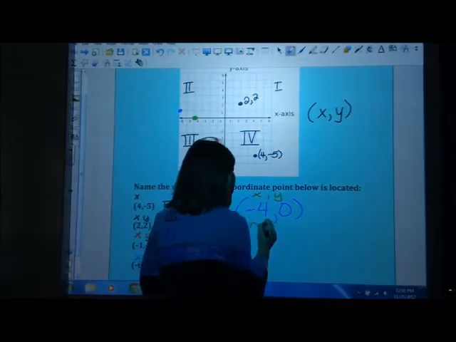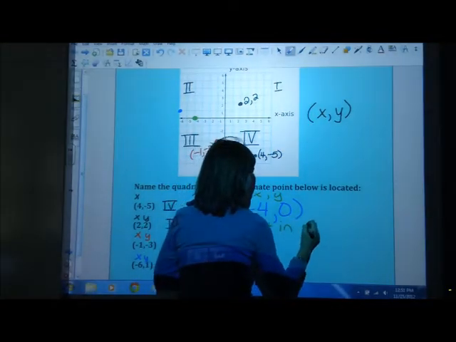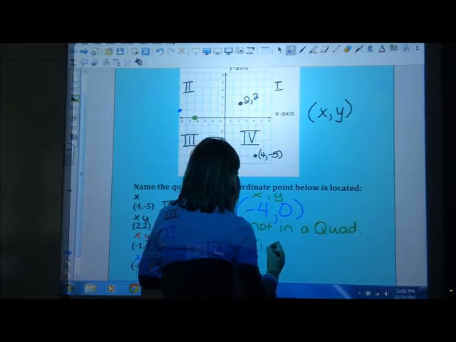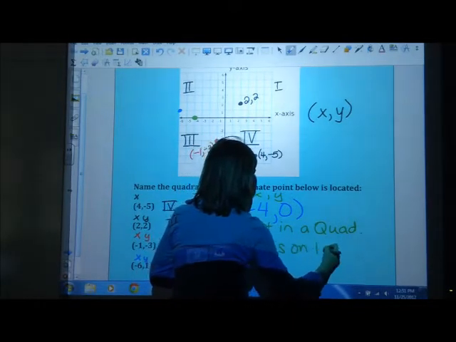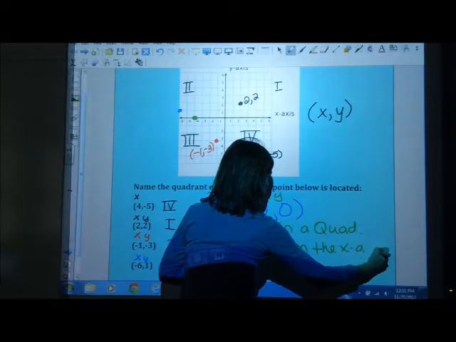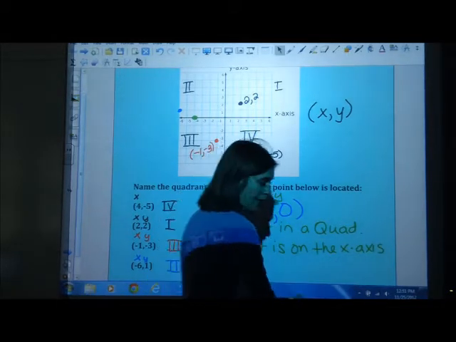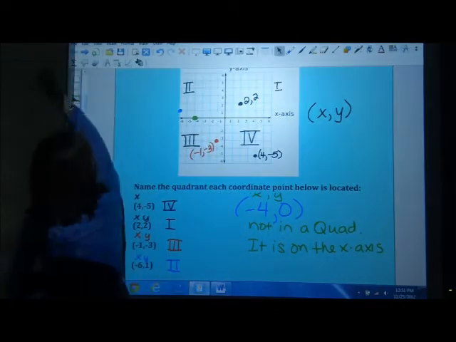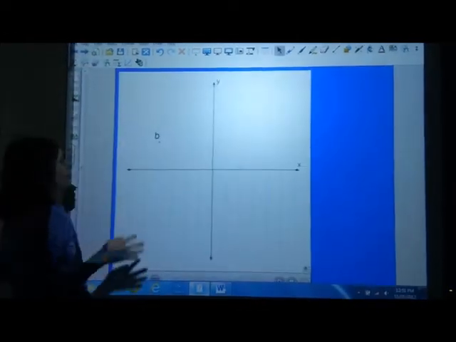It is not in a quadrant. It is on the x-axis. Okay, so I will give you a second to write that. Again, you're going to say it is not in a quadrant, it is on the x-axis. All right, got it? All right, we're going to move on.